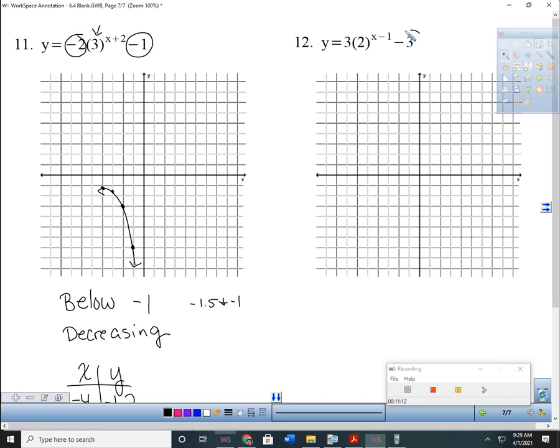So number 12, we're going to be approaching negative 3. So let's decide if we'll be on the top of the negative 3 or on the bottom. So I notice I have a positive number up front. So I'm going to be above the negative 3. And then I'm going to look right here, and since that was positive and this is bigger than 1, I know that I'm going to be increasing. So I like for you to give this a little mental thought.